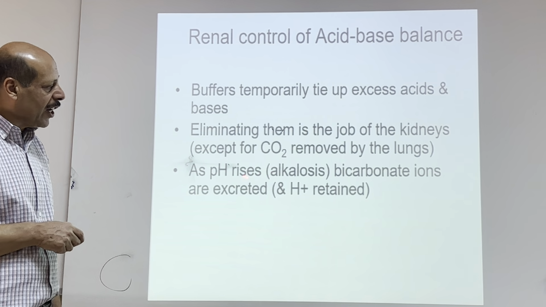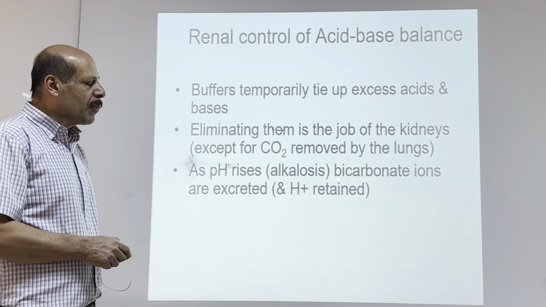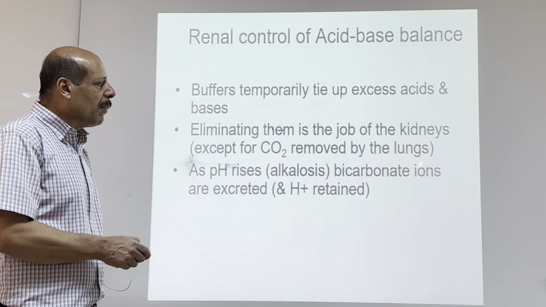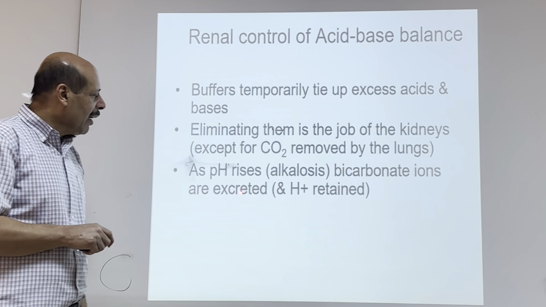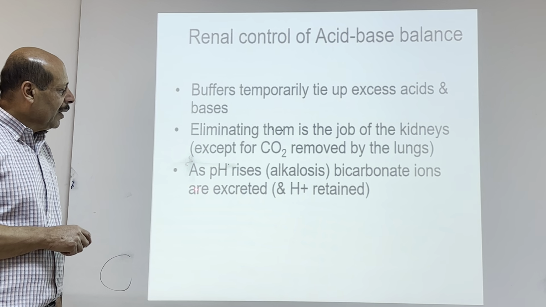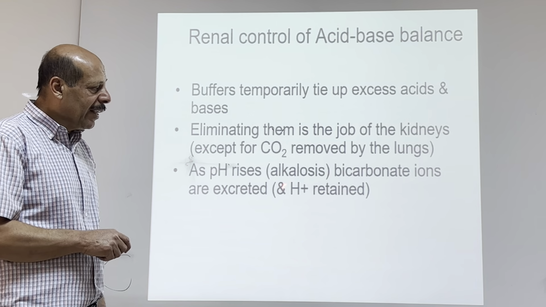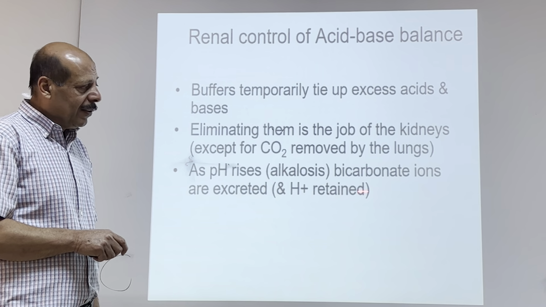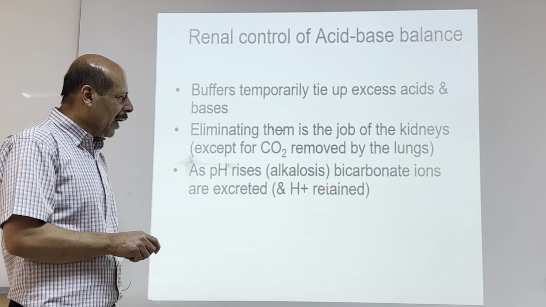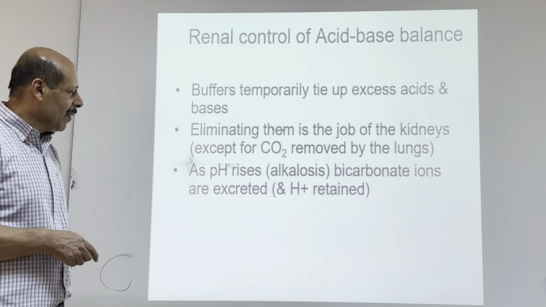So as the pH rises, it means that it is more than 7.45, which means alkalosis. Bicarbonate ions are excreted from the kidney, and the hydrogen will be retained and reabsorbed, and by that it will maintain the acid-base balance.